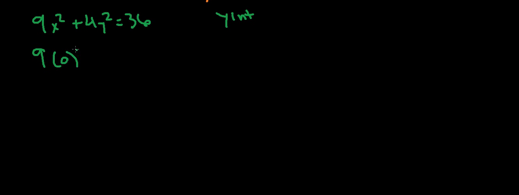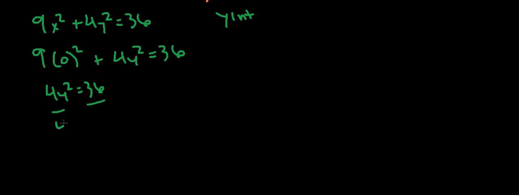So we plug in 0 for our x. And that leaves us with 4y squared is equal to 36. Divide both sides by 4. Y squared is equal to 9.